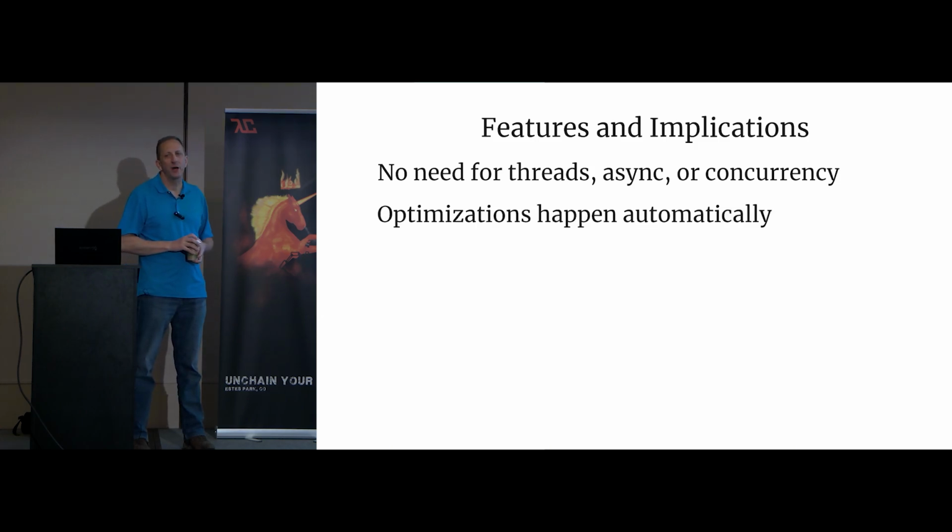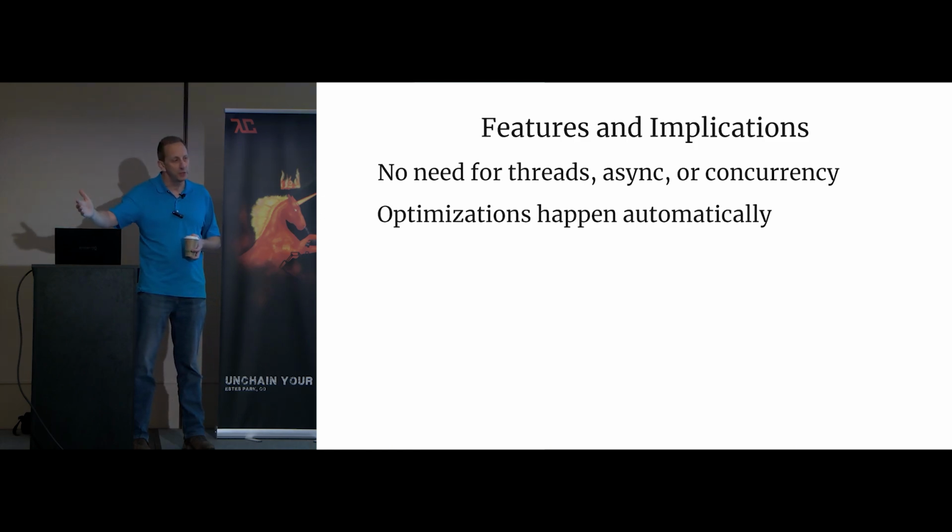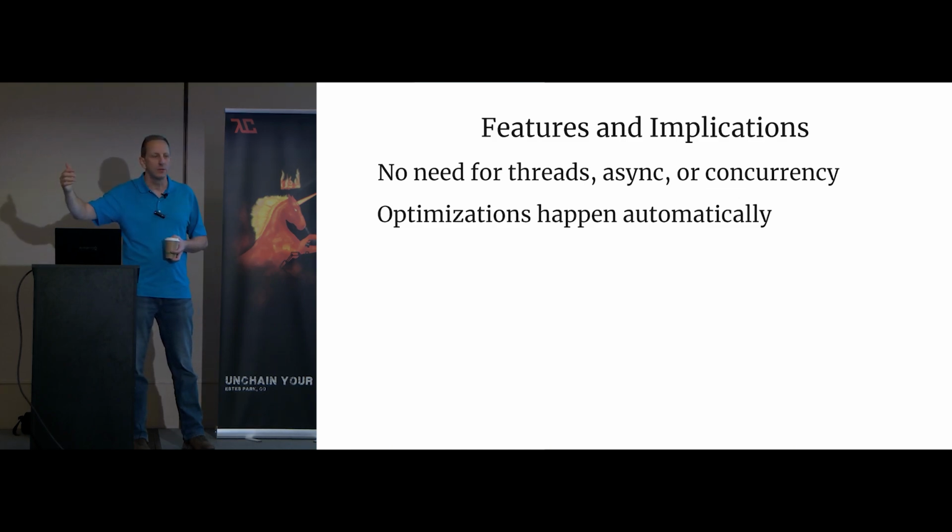So optimizations happen automatically. Are you guys familiar with the term map fusion? Map is a function that takes a function and applies it to every element of a collection. If you do a map of a function over a collection, that produces another collection. Then if you call map again with another function on that new collection, it'll run through it again, and you keep doing that.